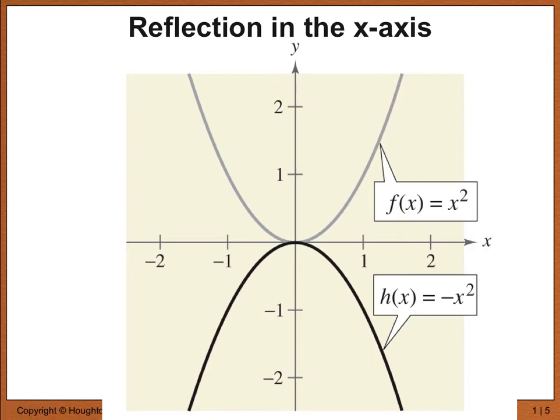Think of the x-axis as acting like a mirror here, and the child is a reflection of the parent in that mirror. So that's how a reflection in the x-axis works. You just take a negative of the whole function.